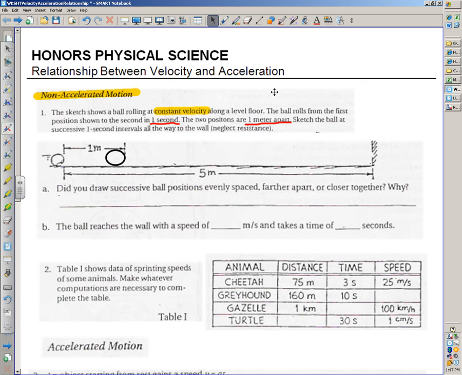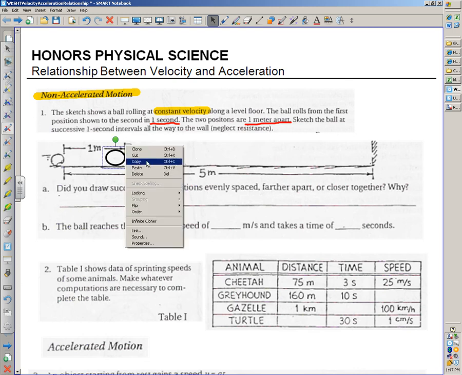It then tells you to sketch the ball at successive 1 second intervals, right? What would we see about the separation of these objects over each 1 second interval? They should be exactly the same, right?